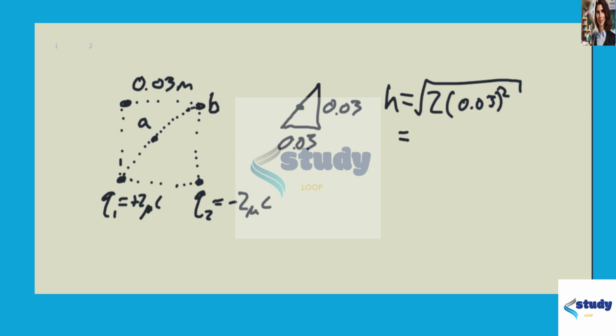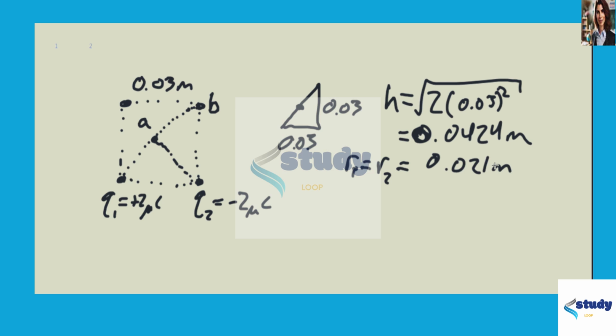So this tells us that the hypotenuse is 0.0424 meters. Okay? And so now our radius from Q1 to A, which will also be the same as the distance from Q2 to A, since we have symmetry here, is equal to half of this number, which is simply 0.021 meters.